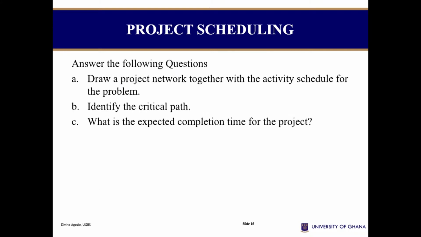Now, the requirements of the question say we should draw our project network together with the activity schedule for the problem. So let's answer the first part, which is A, that is getting our project network diagram. For every project network diagram, this is how we start. Now I want to draw this caveat.